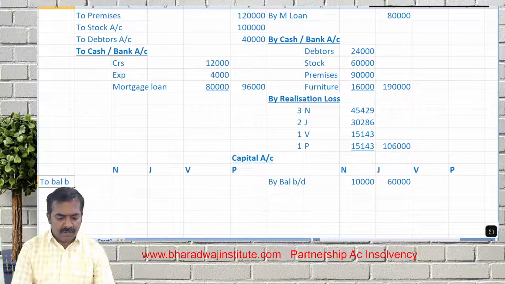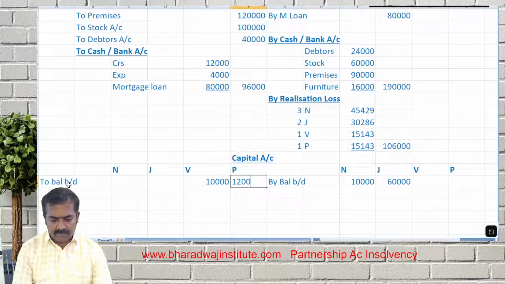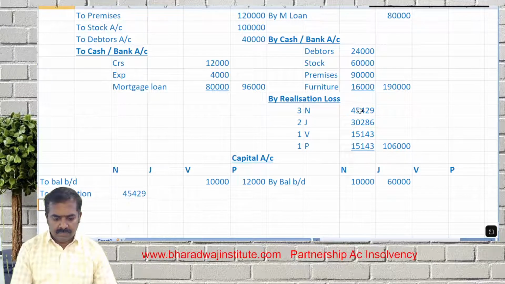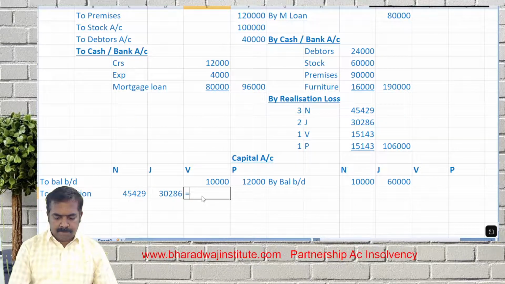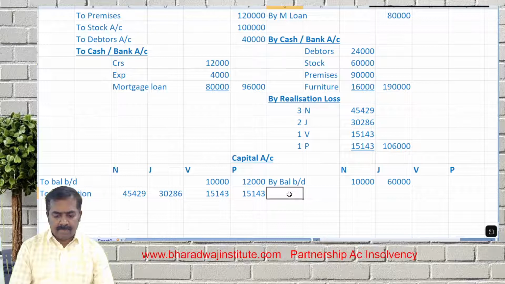Balance brought down for realization loss. Then by cash to be brought in by partners because of Garner versus Murray.